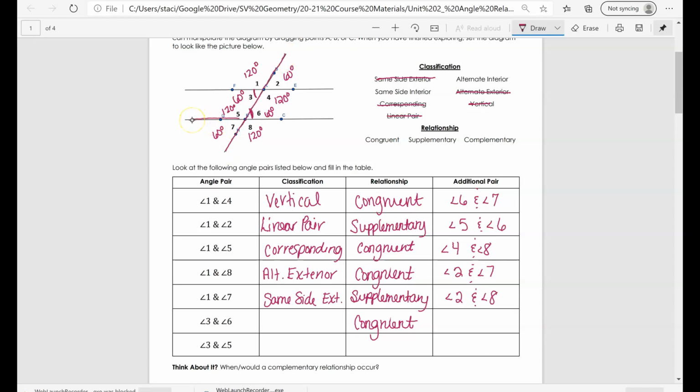But when I look at where they're at in regards to the parallel lines, notice they're between the parallel lines, or they're on the inside of the parallel lines, which means that these are considered alternate interior angles. They are located between the parallel lines, but on opposite sides of the transversal. So another example of alternate interior angles would be angle 4 and angle 5.